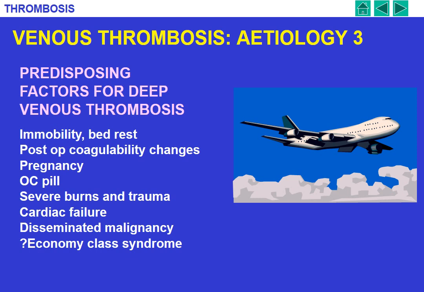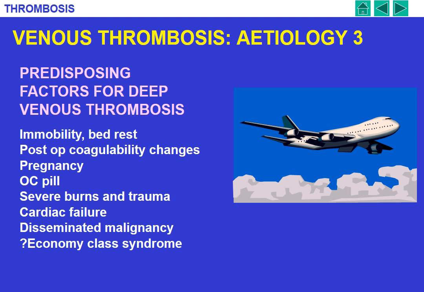Patients who've had severe burns and trauma are subject to deep vein thrombosis, possibly due to release of thrombotic substances from the site of injury. In cardiac failure, the general circulation is sluggish and there is a tendency to deep vein thrombosis. And it's well known that in disseminated malignancy, a common terminal event is pulmonary embolism from a deep vein thrombus.